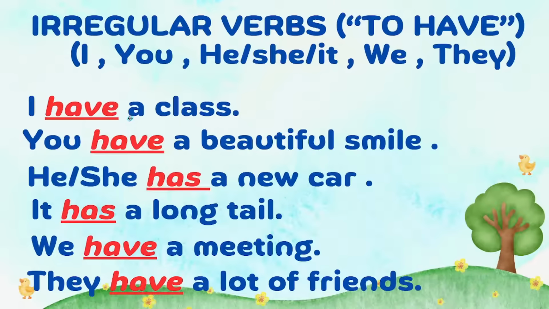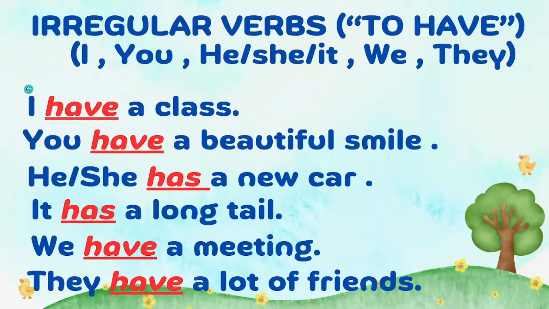I made a summary of this in the latter part of the slides, for you to compare the difference between the irregular verbs. Now, this is the second type of irregular verbs. It is called the irregular verb to have.